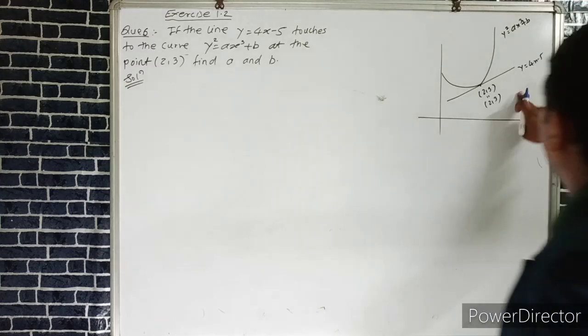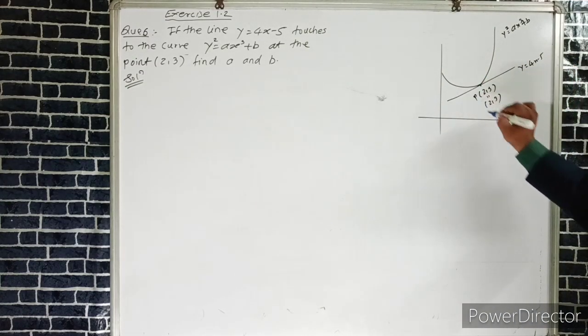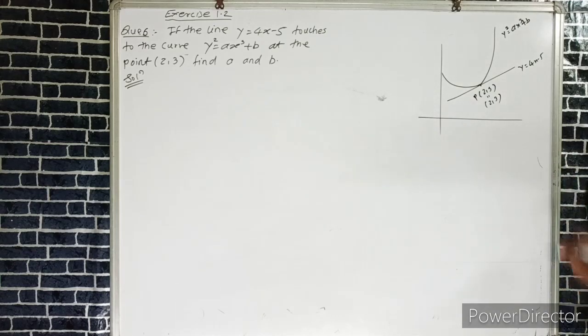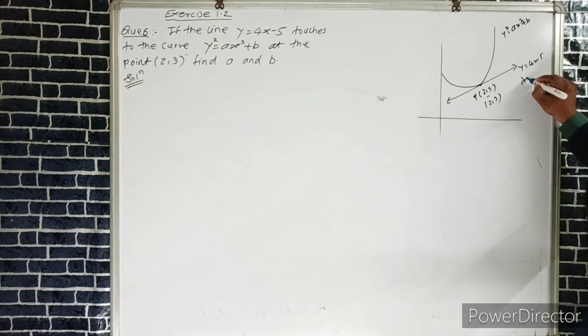If the line touches the curve at point P(2, 3), then it is clear that y = 4x - 5 is a tangent.